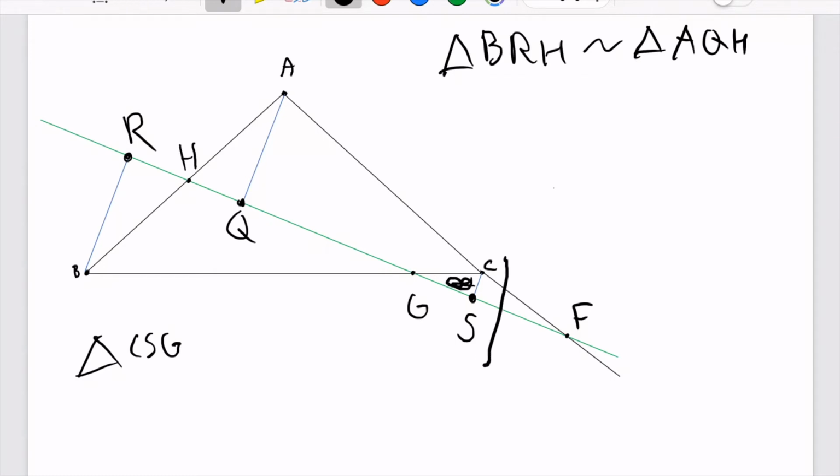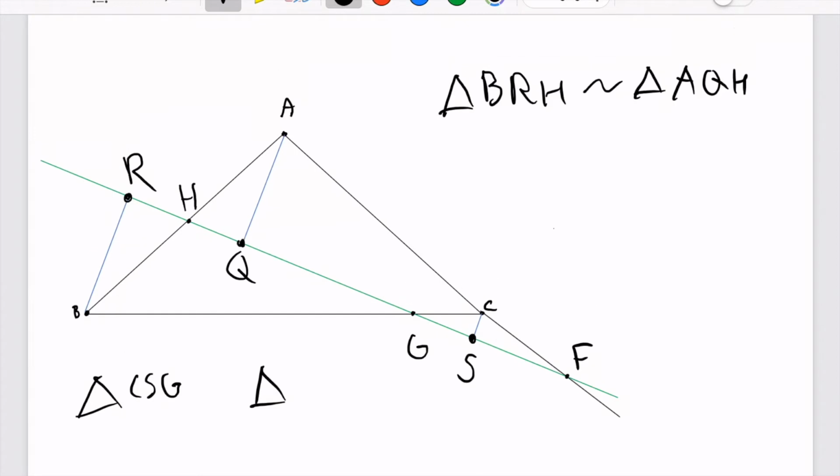So CSG, it's a little triangle. This is the first triangle to consider. The second triangle will be triangle BRG, which is this sort of big triangle.